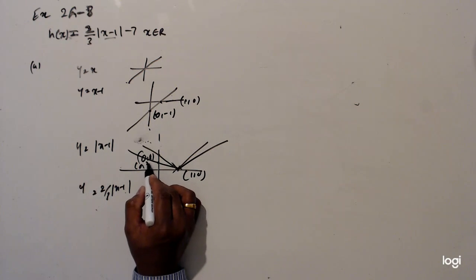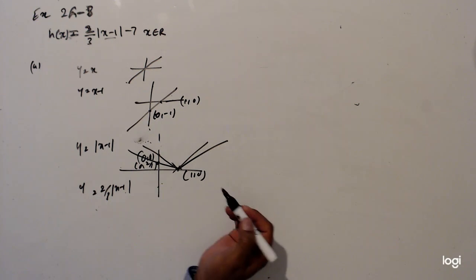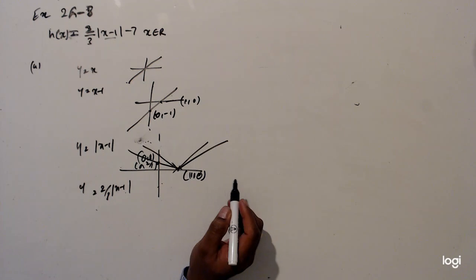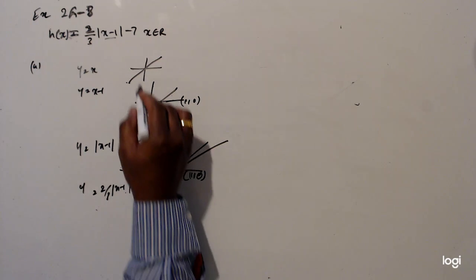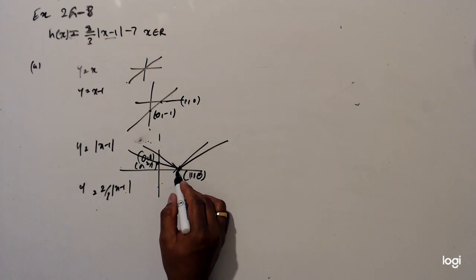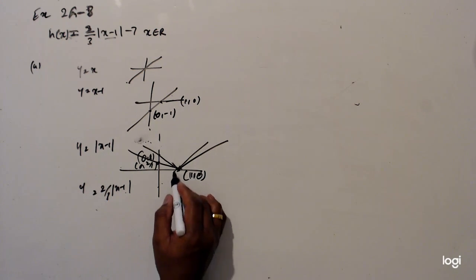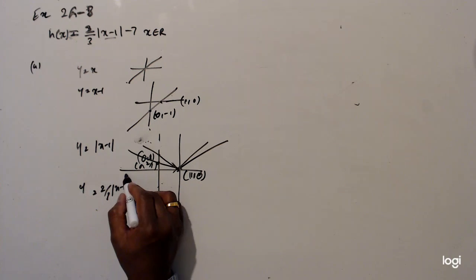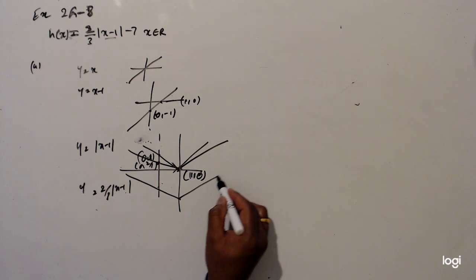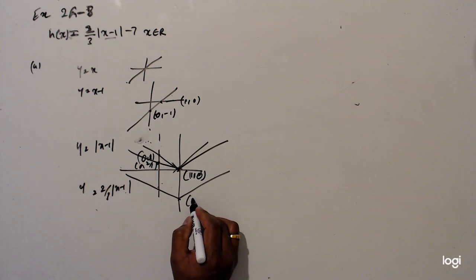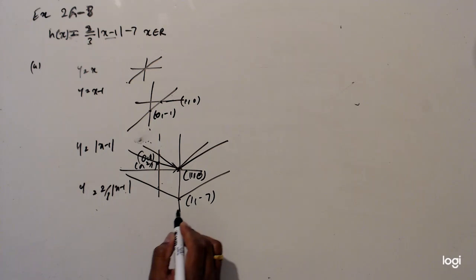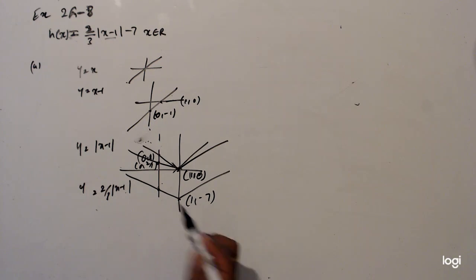So this is (0, 2 over 3), and still this is (1, 0). And then minus 7. So we'll bring the graph down by 7 units, (1, minus 7), and yeah, that's enough.